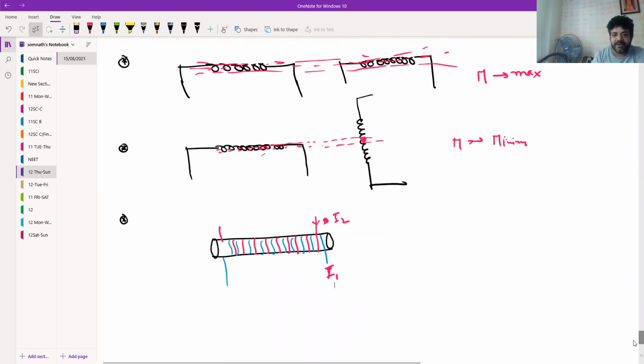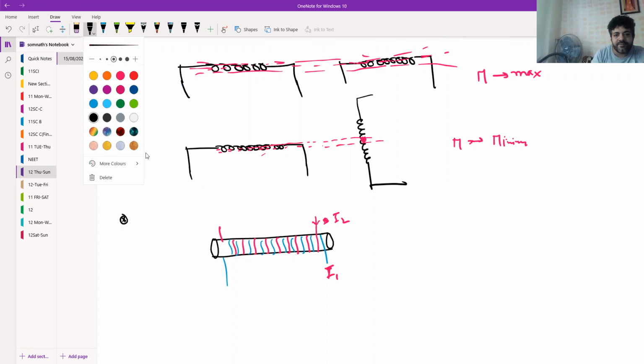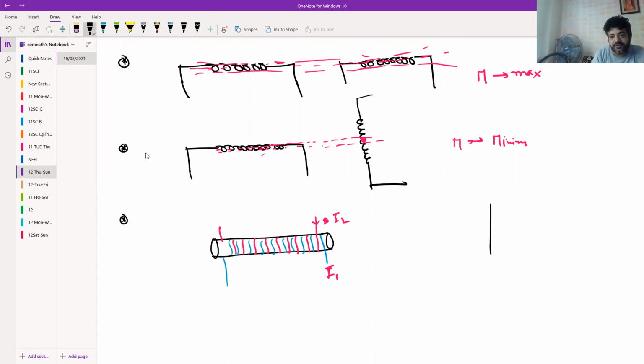Why? See what happened. If we have two parallel wires like this, two red ones or two blue ones, and the currents are in the same direction, then exactly in the middle the magnetic field is 0.